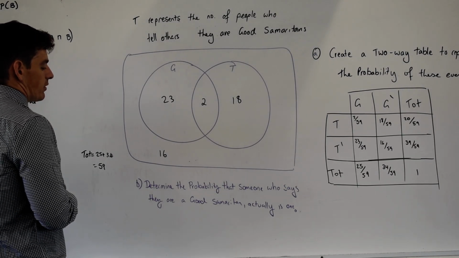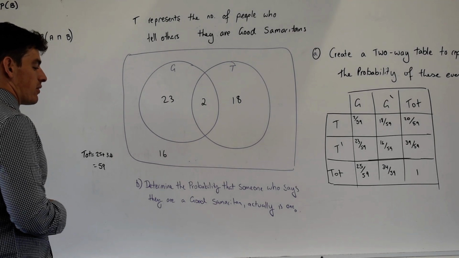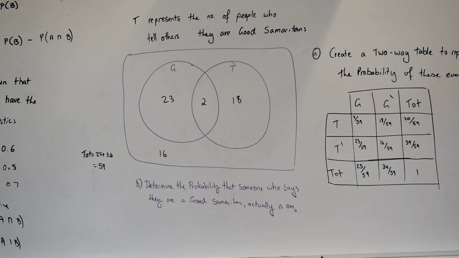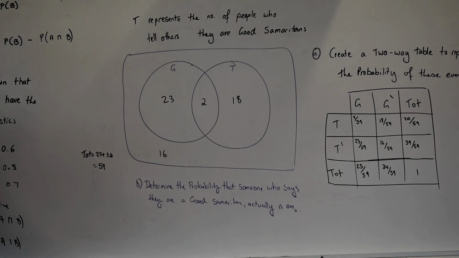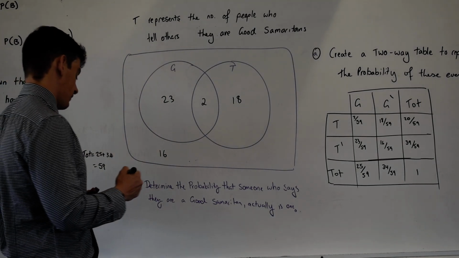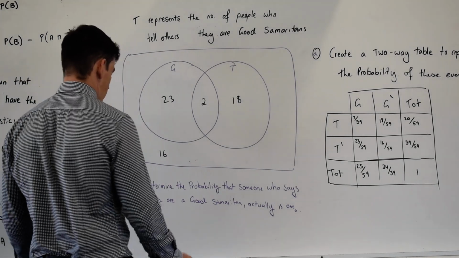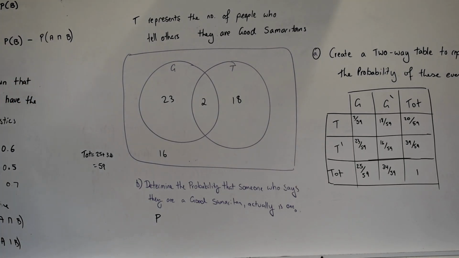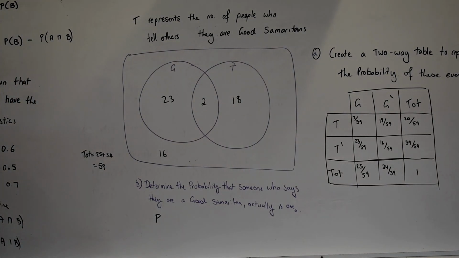So determine the probability that someone who says they are a Good Samaritan actually is one. So I'll let you fill out the formula first of all. What do we know about this person? This hypothetical person.